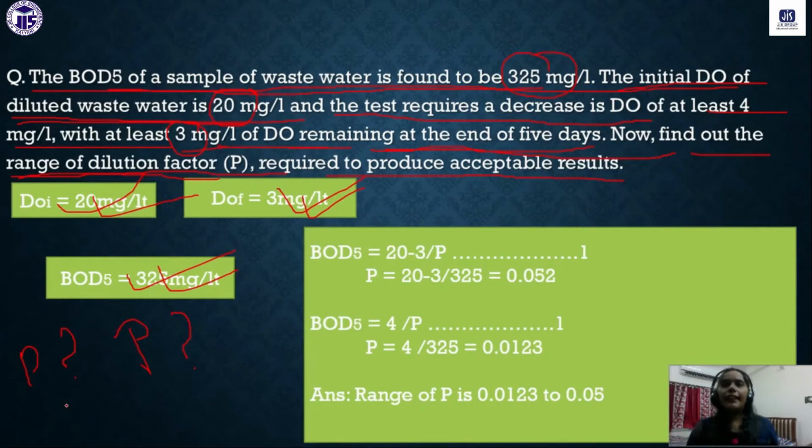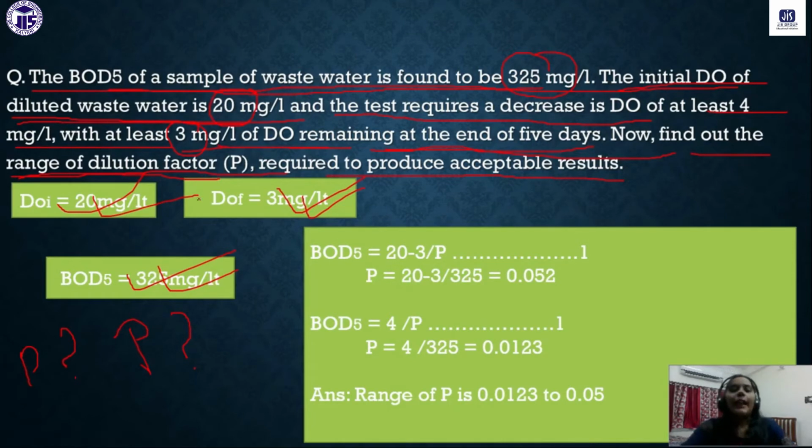So what is the range? That is 2 to 4. That means while you have this type of question, the range of dilution factor, that means the range of BOD, so that time you have to find out two p values, two BOD values. Otherwise you cannot produce the result. You cannot produce the two p values, the range of the dilution factor.